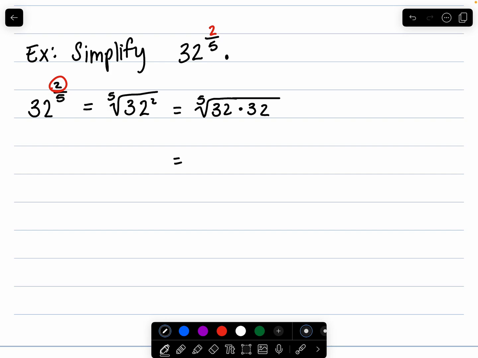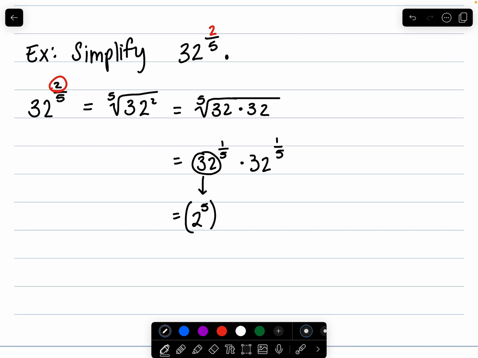And now let's rewrite it back into exponential form. So we get 32 to the 1 over 5 times 32 to the 1 over 5. And we know that to make 32, there's 5 2's.